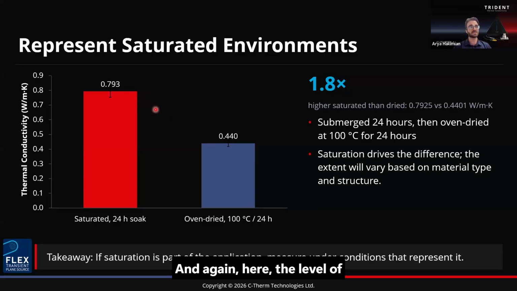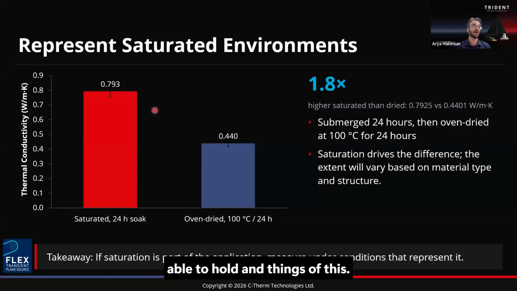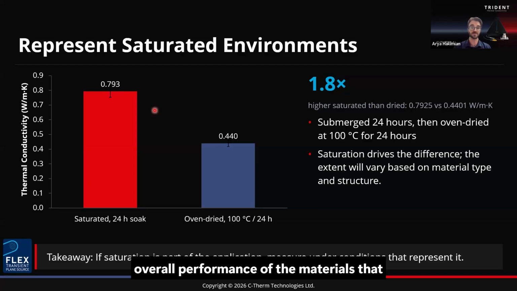And again, here, the level of saturation and the impact that it's going to have on the material will have a correlation to the structure of the sample, the porosity, how much water it's able to hold, and things of this sort. But just being able to mimic this type of condition could potentially be quite influential on the overall performance of the materials that you are looking to introduce.